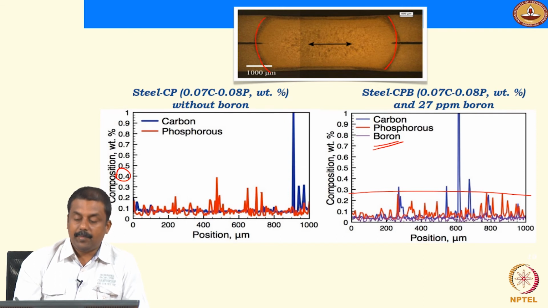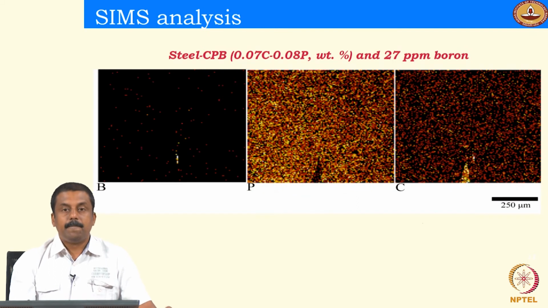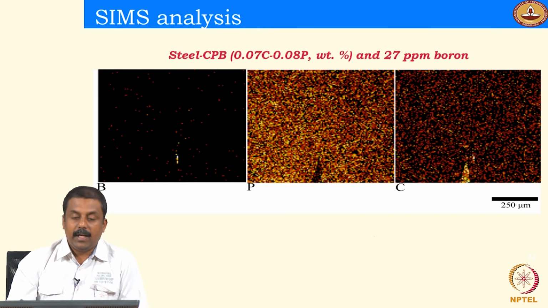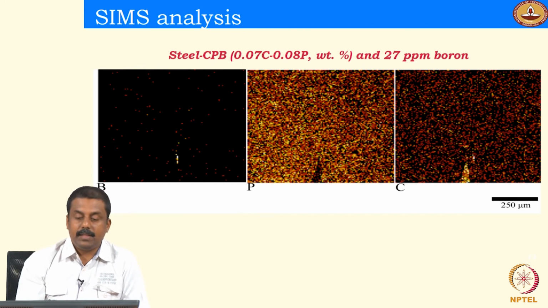We can play around now with the chemistries to avoid the formation of the brittle grain boundaries. You can also see the same observations using secondary ion mass spectroscopy, where you can see the elemental distribution clearly.